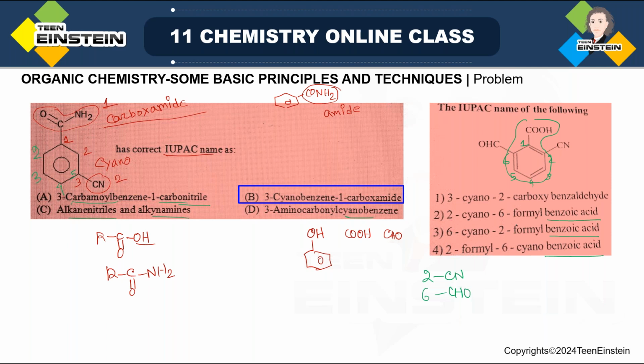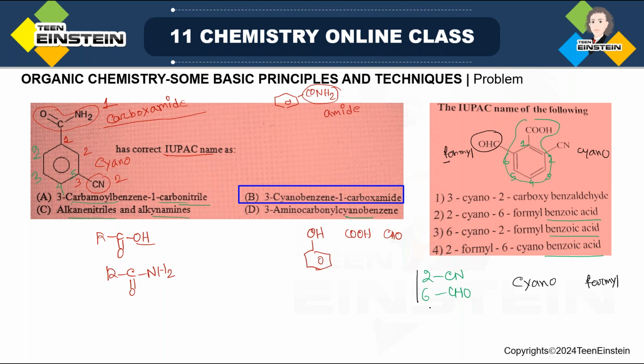So cyano and CHO. For CHO, when it is not the main group, it has less priority compared to CO2H. So CO2H is the mother group here. And the term we will use for CHO is formyl. Now formyl starts with F, and here it is cyano. So cyano we will write first, then formyl.